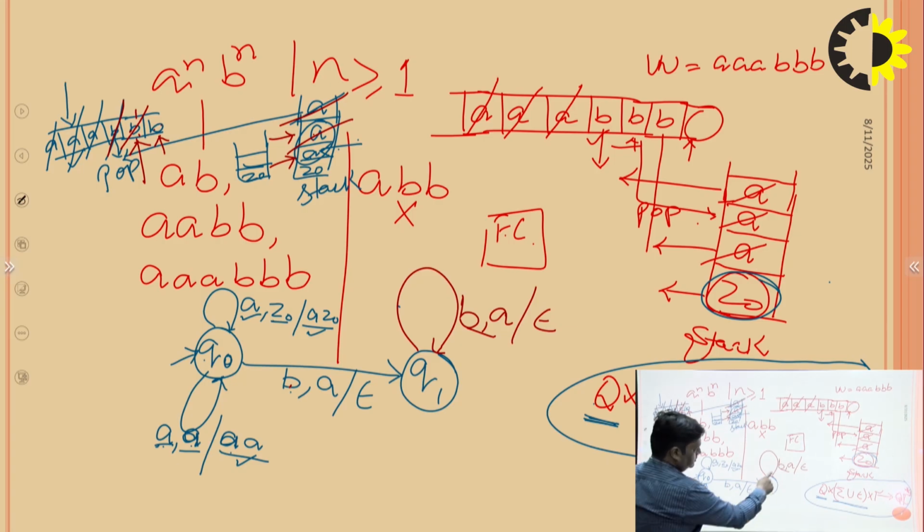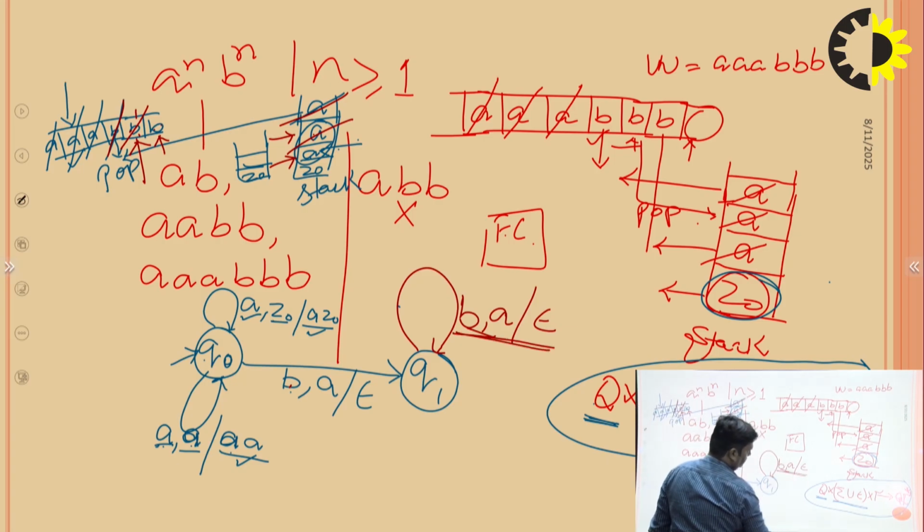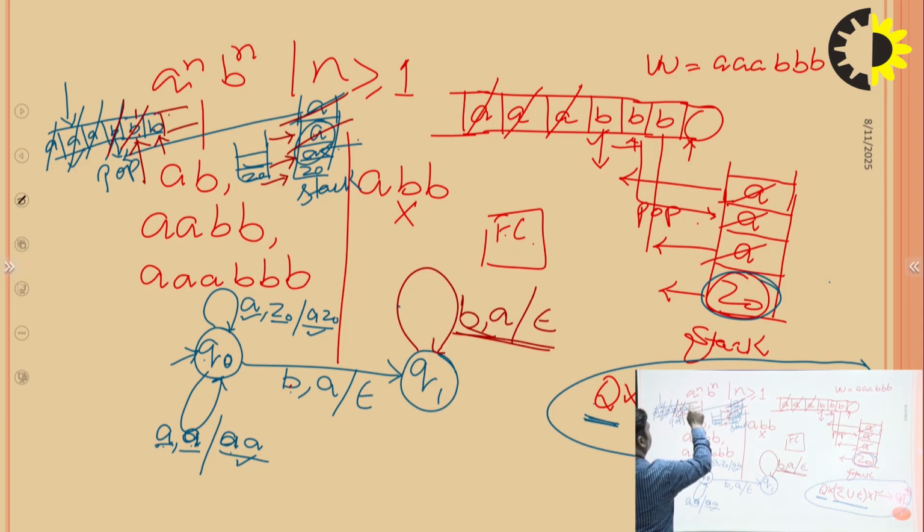Now with the help of B, A, we pop B and A, which means pop the A from the stack, and the pointer moves to the next, now the pointer moves to Z0. Here we put epsilon. Now the pointer has moved to here.